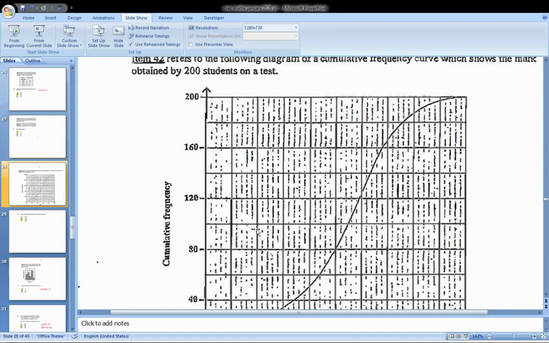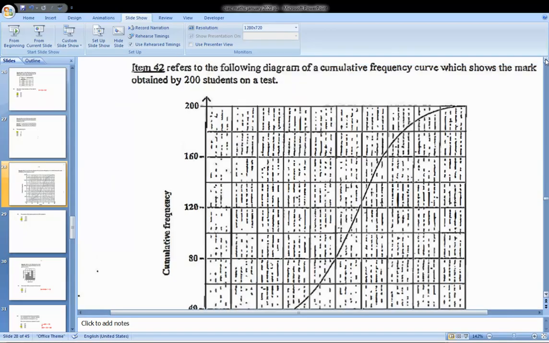Let's move on to 42. So here we have it. Item 42 refers to the following diagram of a cumulative frequency curve, which shows the marks obtained by 200 students on a test.